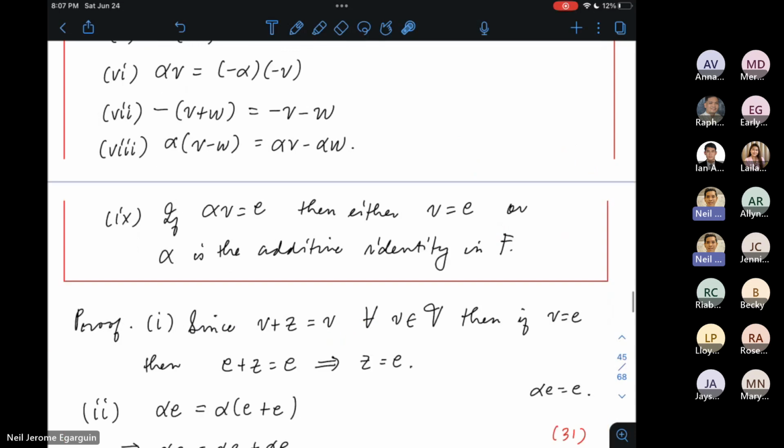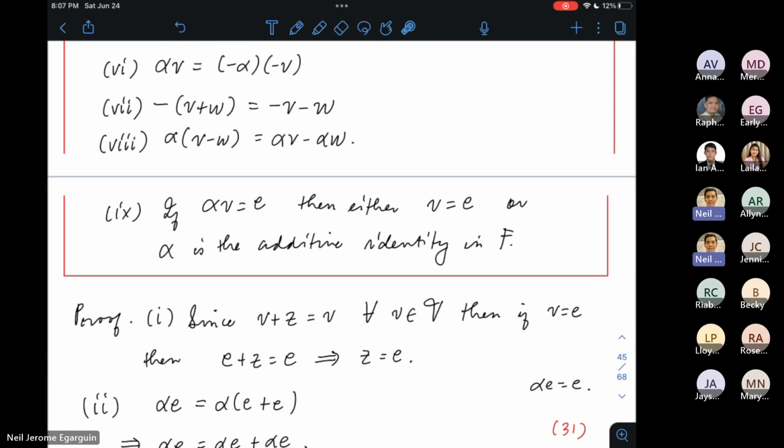And then property number 9, if alpha v is equal to the zero vector, then either, parang ito naman yung zero property ng vector spaces. Pag meron kang scalar times a vector, at yung sagot sa scalar multiplication nila ay zero vector, then either si V ay si zero vector or si alpha yung zero ng field.